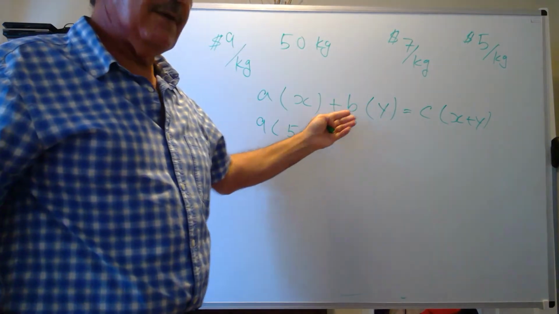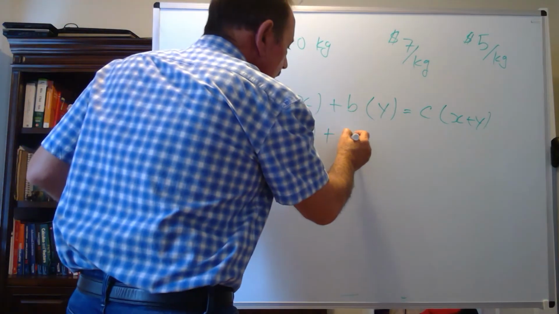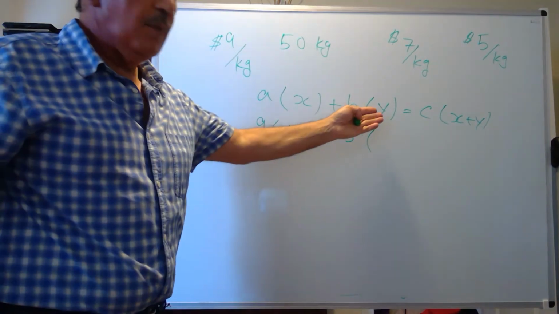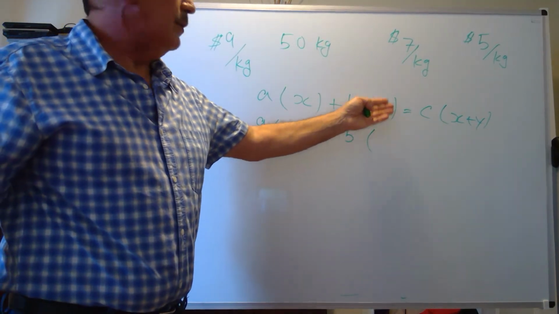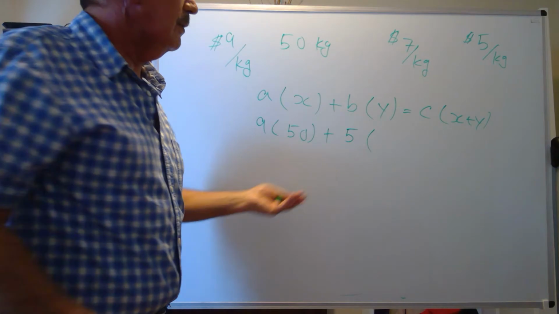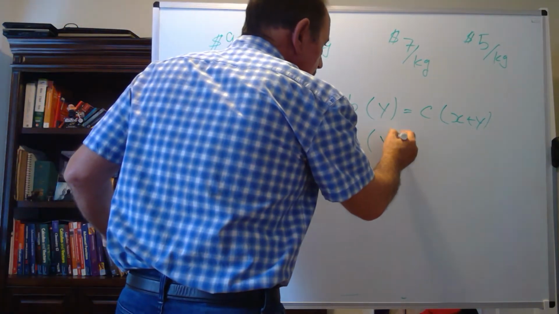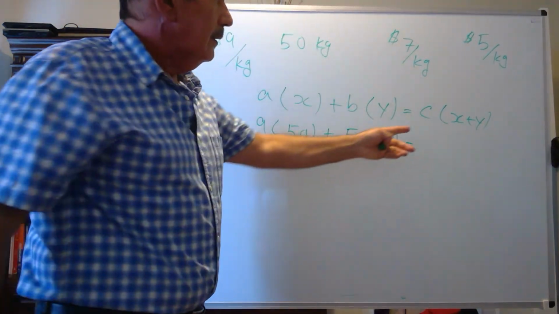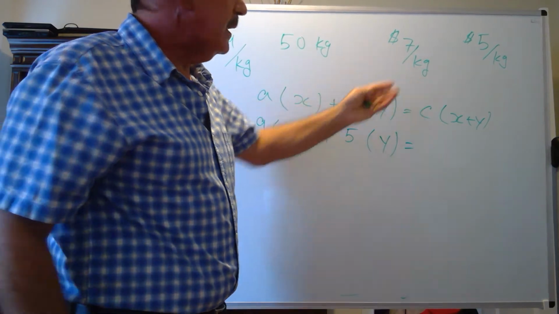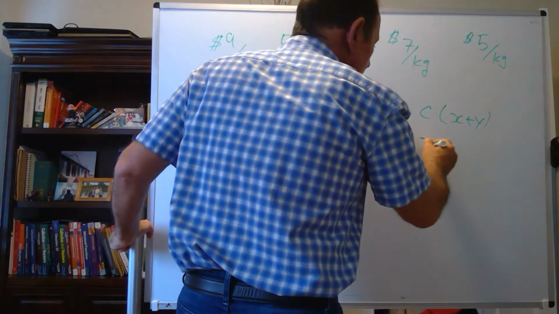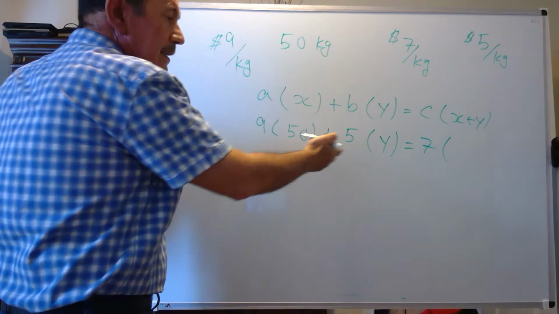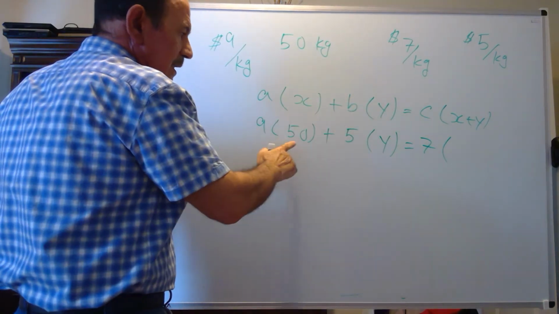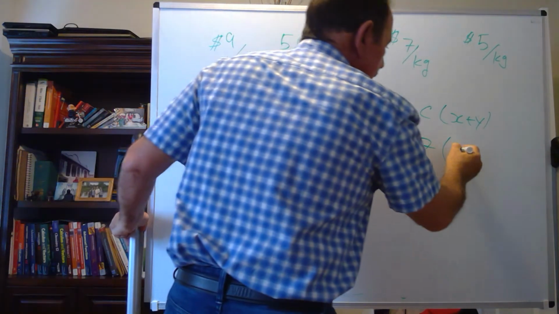So the price of this one is $5 per kilogram. But I don't know how many kilograms I should mix with these 50 kilograms, so name it Y. The result, I want to sell at $7 per kilogram, so this one is going to be 7. And how much is the result? The result of the mixture is 50 plus Y.